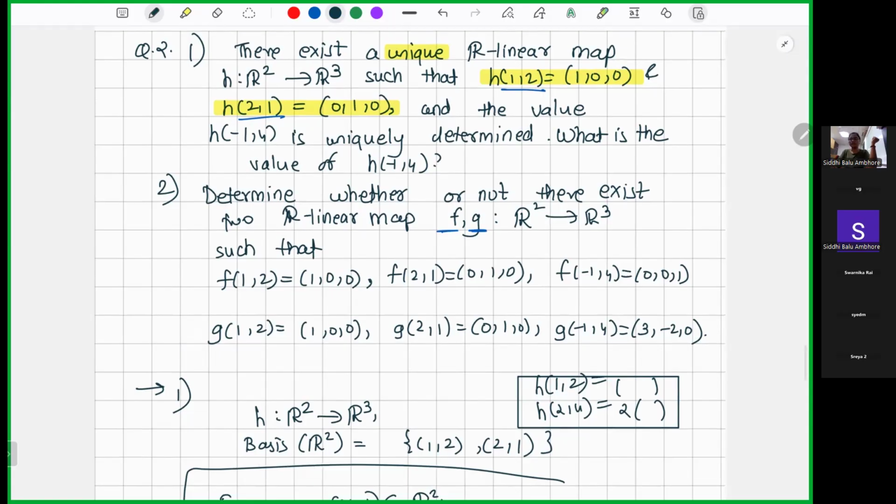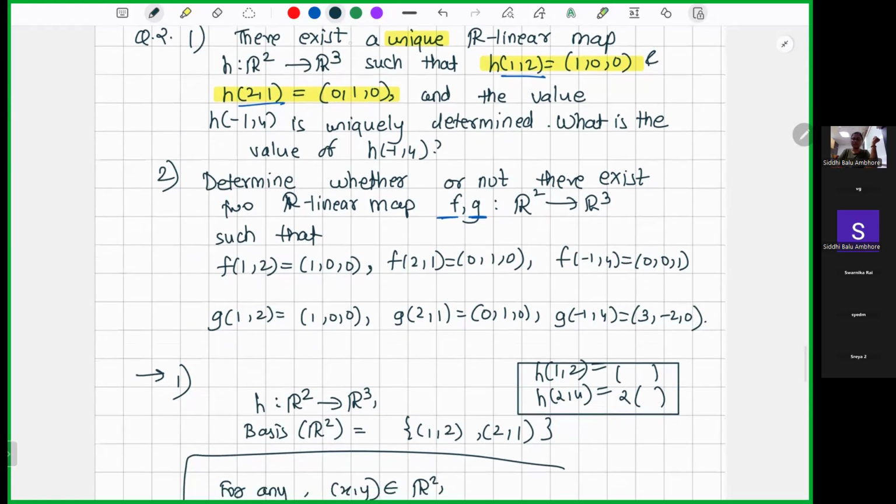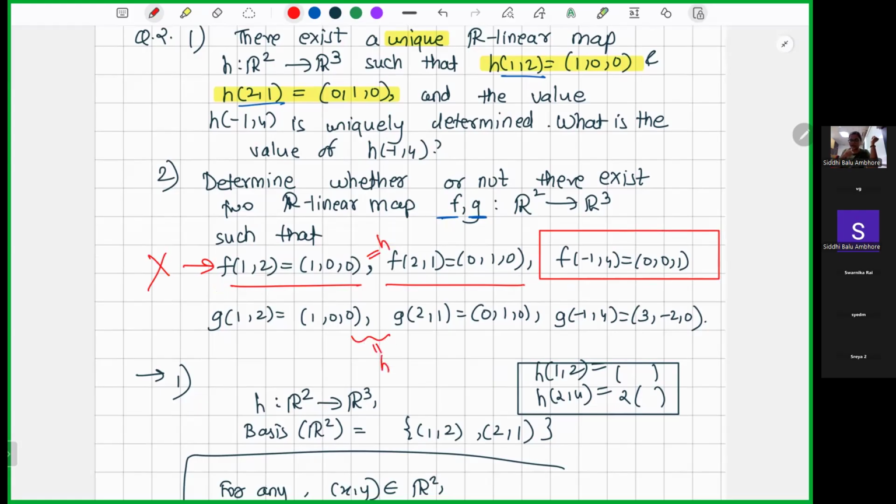Is that okay? And that just proves the second question as well, right? Because see, f of 1, 2 is 1, 0, 1 here, 2, 1 is this, but f of -1, 4 is 0, 0, 1. This is not happening. This is not the way, because the moment I have these two things, I know how f is. F is exactly h here, okay? This f is also h, and this is also h, right?